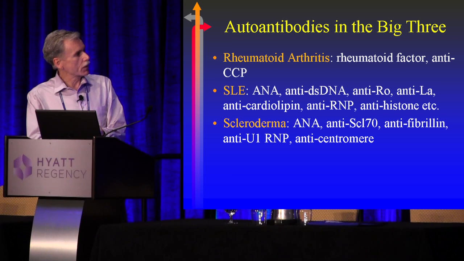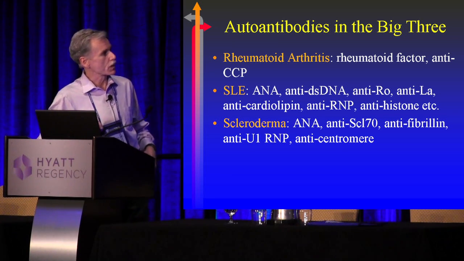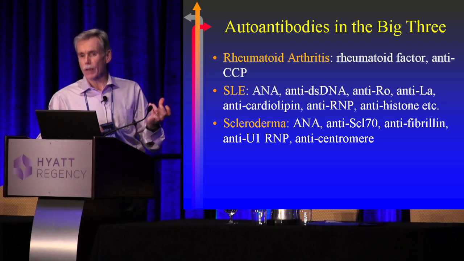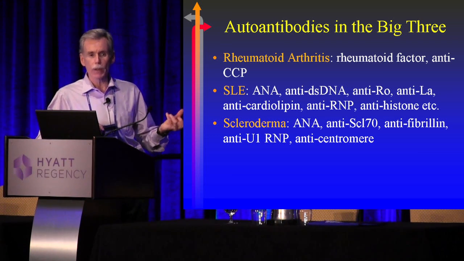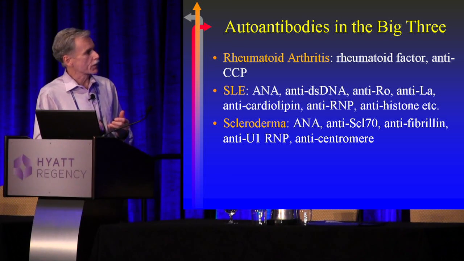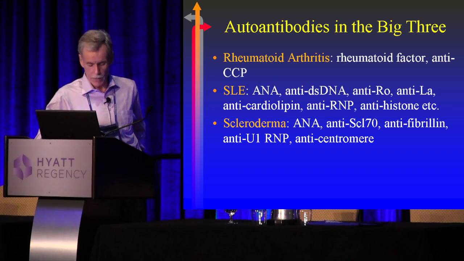Anti-U1-RNP antibodies, a ribonuclear protein within the nucleus, seem to be associated with a higher risk of renal crisis in scleroderma. While we don't necessarily understand all the mechanistic events that associate these autoantibodies with the disease manifestations in question, we are able to recognize these as risk factors for certain types of disease manifestations.